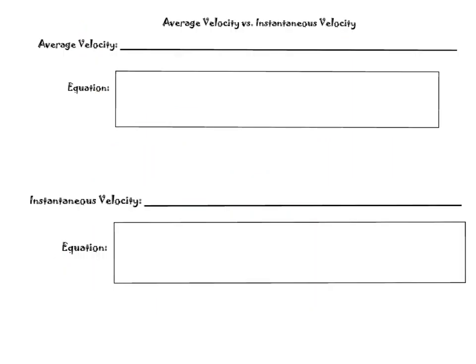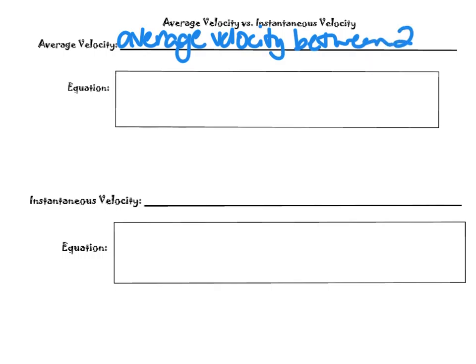Okay. So now we're going to look at average velocity versus instantaneous velocity. Average velocity is the average velocity between two different points. Basically, think of it like slope.